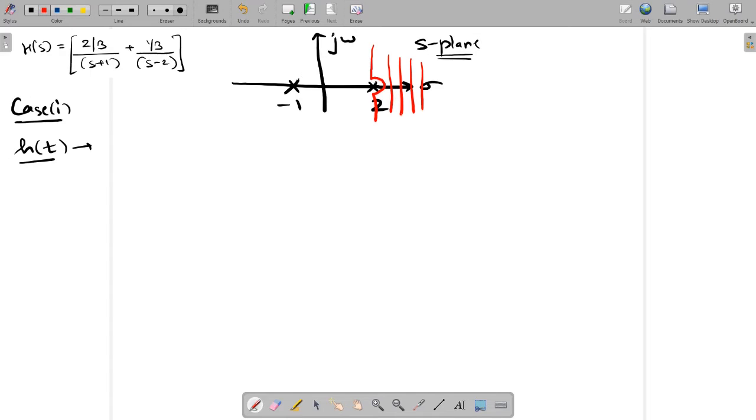You have two poles over here, one pole over here and one pole over here. In this case, ROC is right of the rightmost pole. The rightmost pole over here is 2. And you are saying let the ROC be right of the rightmost pole.